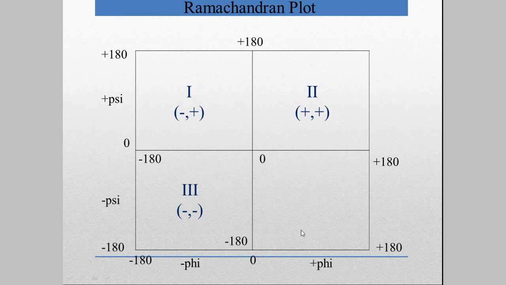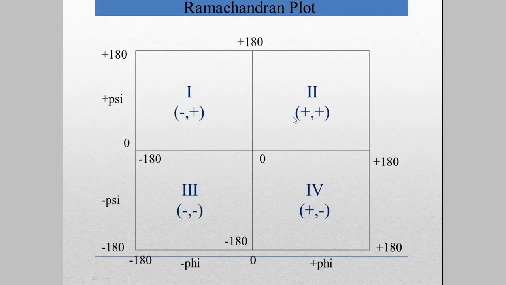And last is your fourth quadrant. Your x here is phi, which is positive, and y here is minus. Just take care that here this is x and y, so it is minus and plus. In this case it is plus and minus. So these are your four quadrants.